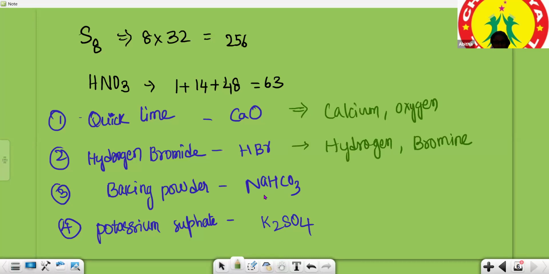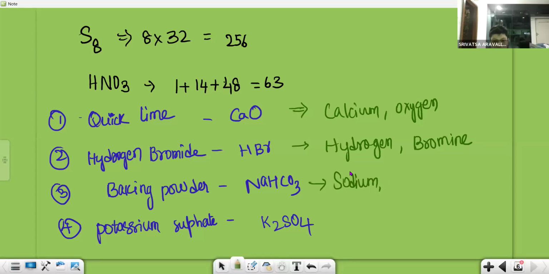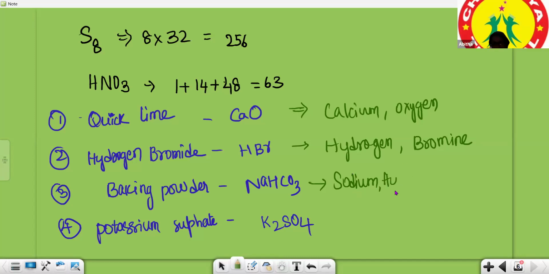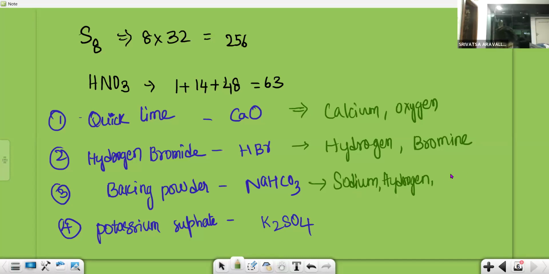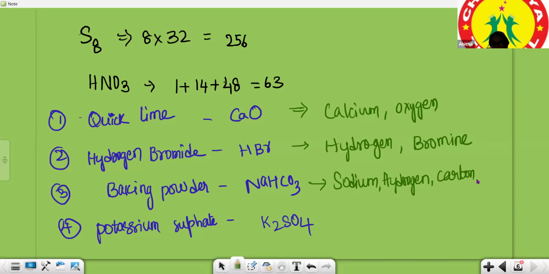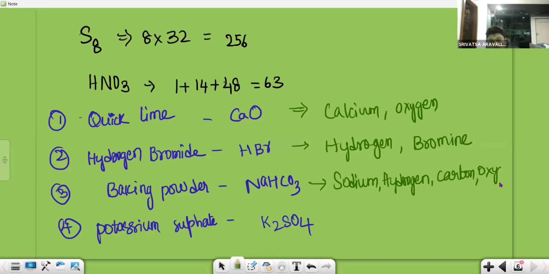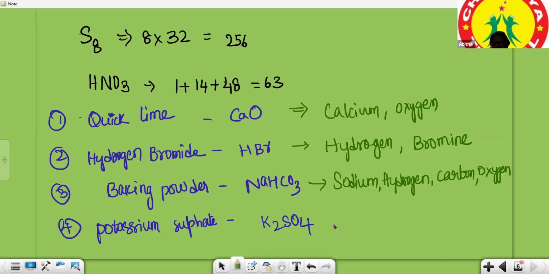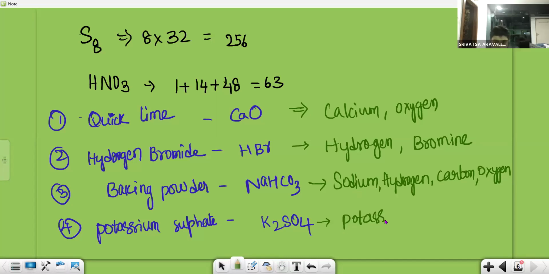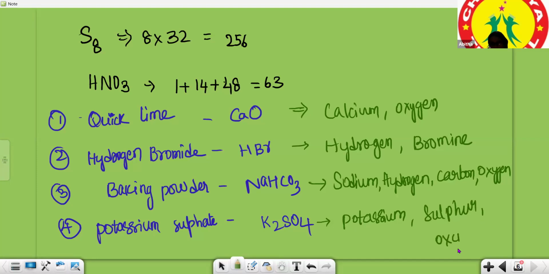Okay, next one is sodium bicarbonate: sodium, hydrogen, carbon, and oxygen. Yes, perfect. Next, potassium sulfate: potassium, sulfur, oxygen.